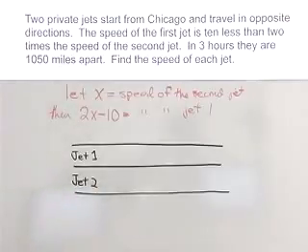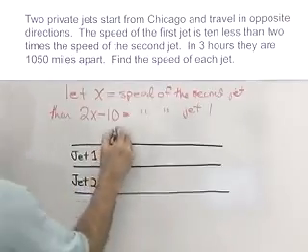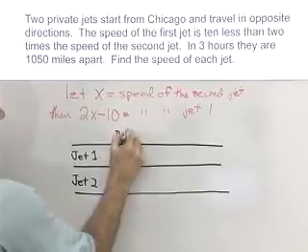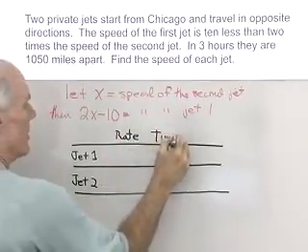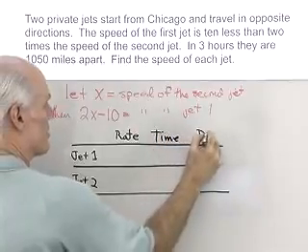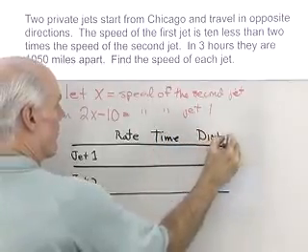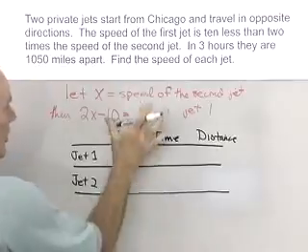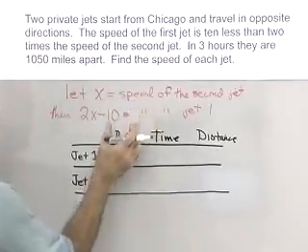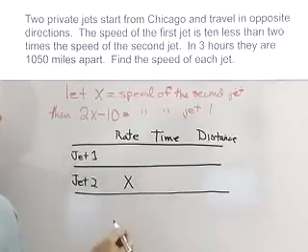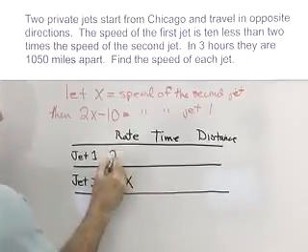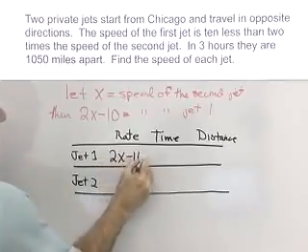And then for my columns, I want the rate or speed of each one, the time each one travels, and then the distance. So x is the speed or rate of jet number 2. The rate for jet number 1 is 2x minus 10.